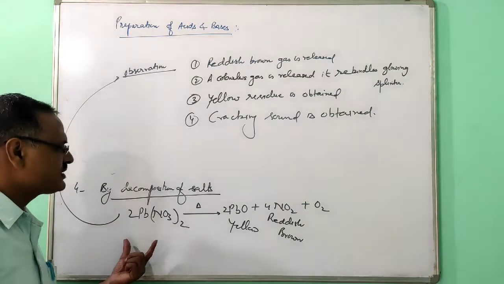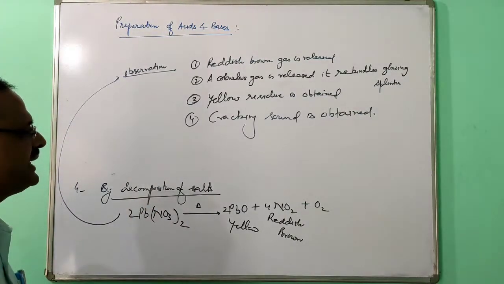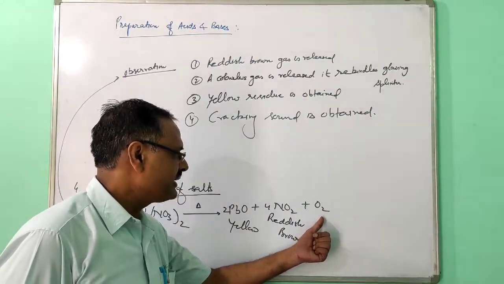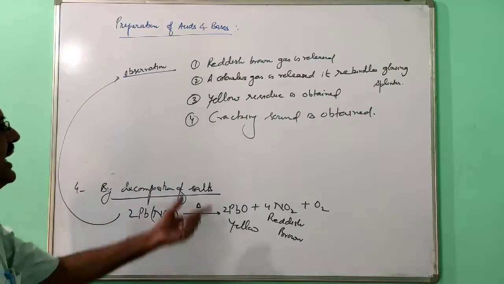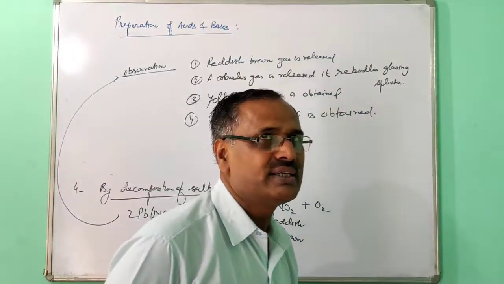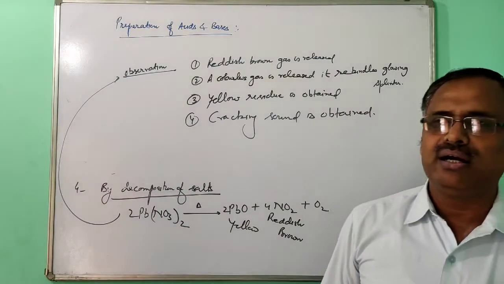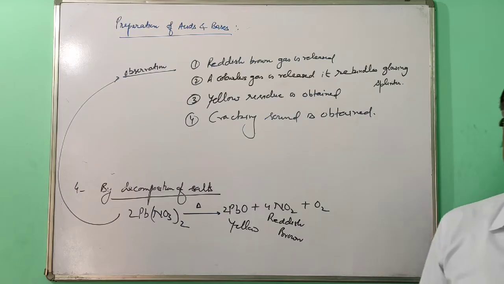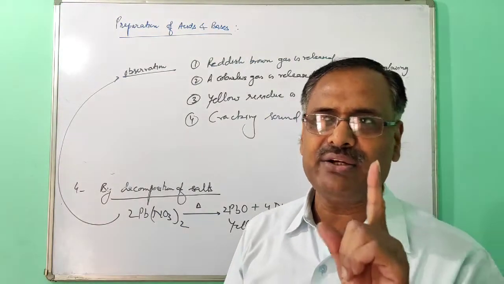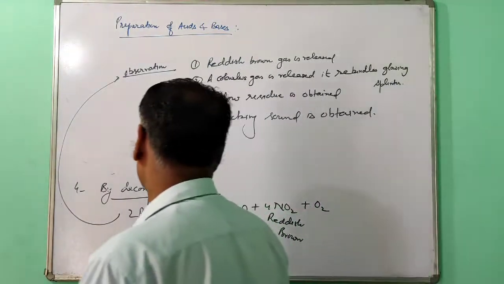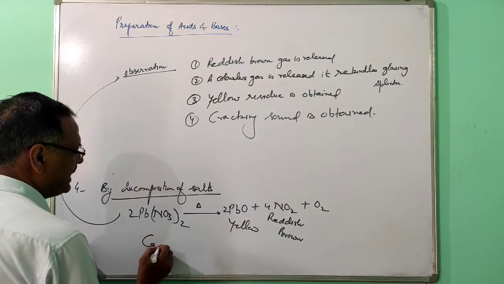Here they may ask you first the chemical equation, then name a colored gas released, nitrogen dioxide, name a colorless gas, oxygen gas, and 4 observations are there. Just see how many marks the question carries. If only a 1 mark question is there, 1 point is sufficient. If 2 marks, 2 points are sufficient. But if it is a 2 mark question and you write only 1 point, then only 1 mark will be given.